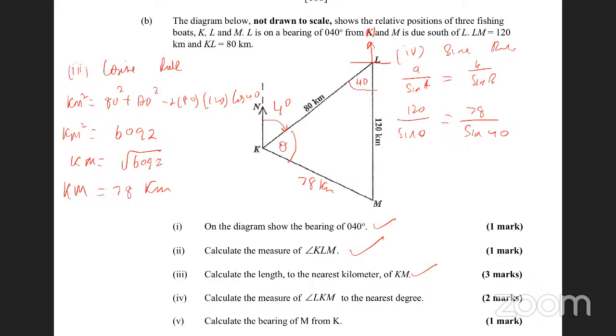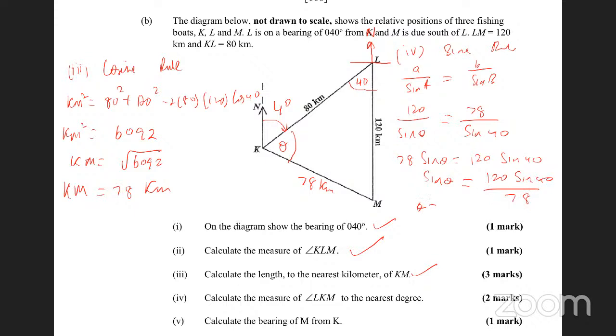When you cross multiply, you get 78 sine theta equals 120 sine 40. So sine theta is equal to 120 sine 40 over 78. You work it out and then find sine inverse.